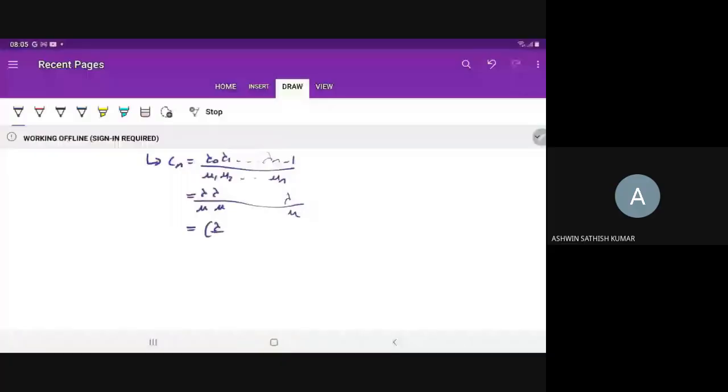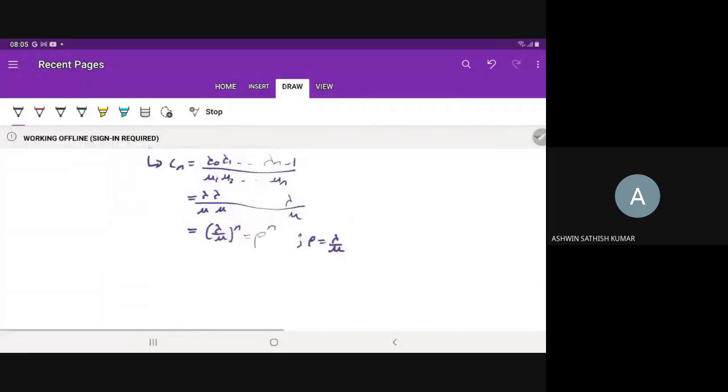This can be written as rho to power n, where rho is equal to lambda upon mu.